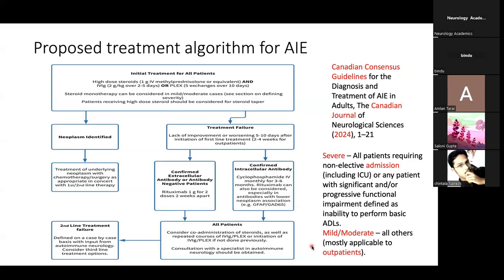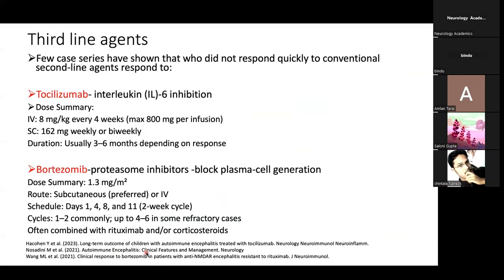For all patients, they consider co-administration of other agents, and that condition requires consultation with a specialist autoimmune neurologist. So in that case, they consider 2 drugs. The third-line agent.